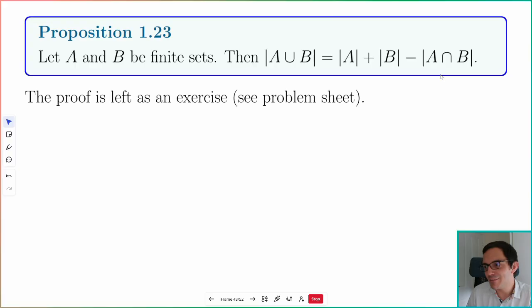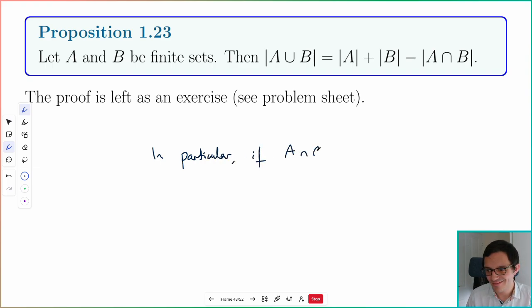If you like this statement but just wish it had more terms on the right-hand side and more sets A, B, and C. Anyway, the reason I've got it on the screen is that I want to tell you about, in particular, if the sets are disjoint, then that cardinality on the end is 0.